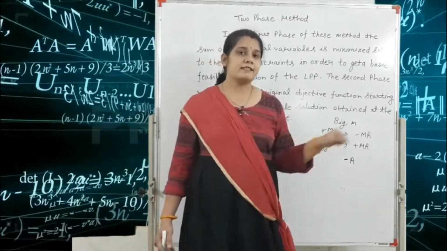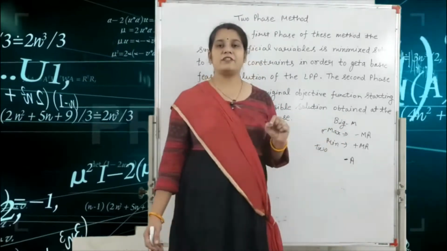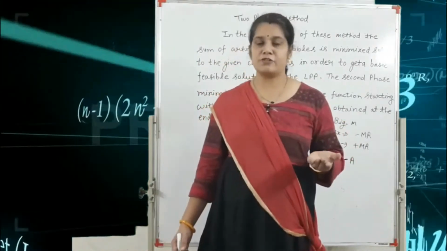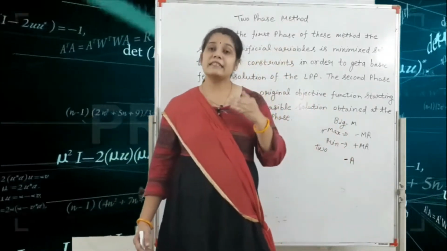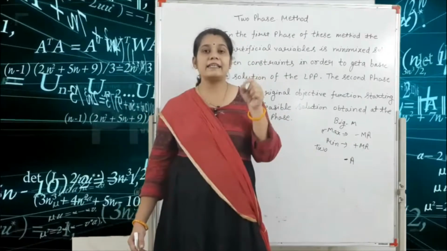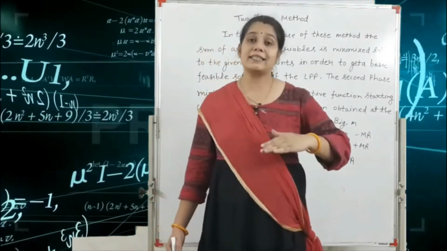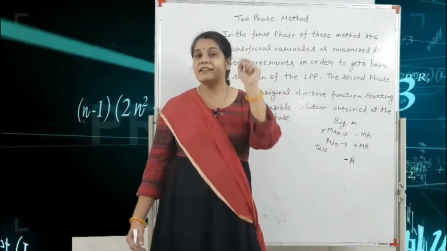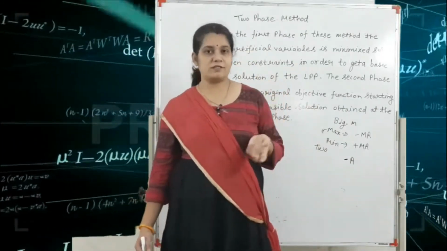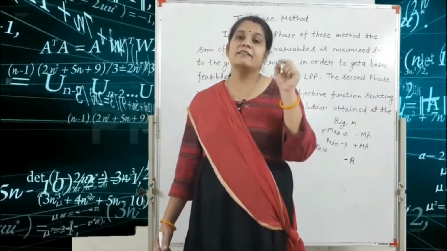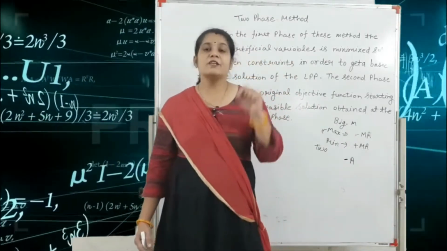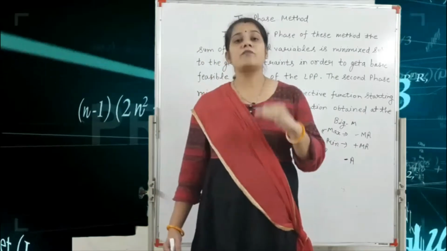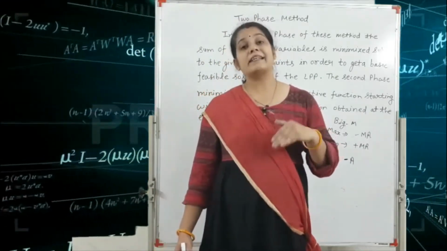But in case the question is given in minimization, first you convert it into the maximization format, and after that you take the coefficient of the artificial variable as minus 1. That means the conclusion is that in the two-phase method you always consider the coefficient of the artificial variable as minus 1.